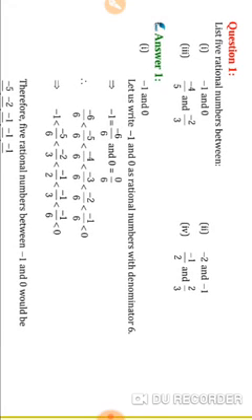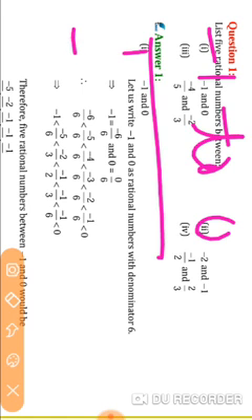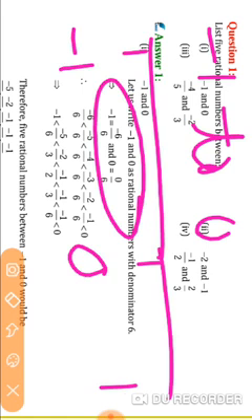How can we write: list 5 rational numbers between minus 1 and 0. Here if it is minus 1, and this is 0, here it is 1. So here we have to write 5 rational numbers.